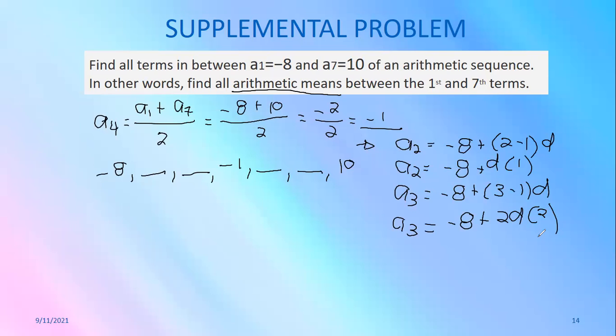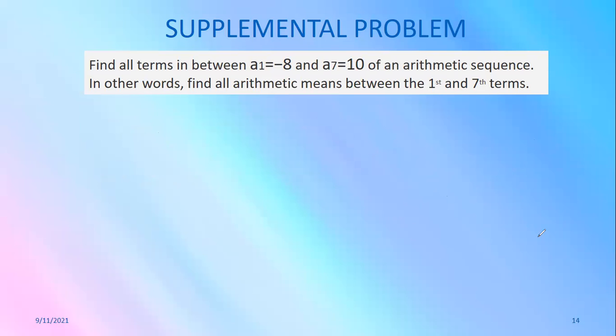Okay, so what are we going to do? Are we going to use the value for the seventh term and the fourth term? Okay, let's write negative 8, this one, negative 1, this one, and positive 10.